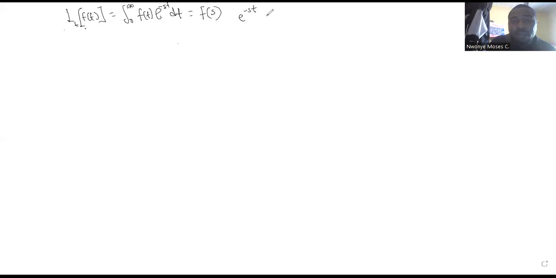This variable, s, is equal to sigma plus i omega. The sigma here is the real part, while the omega here is the imaginary part.